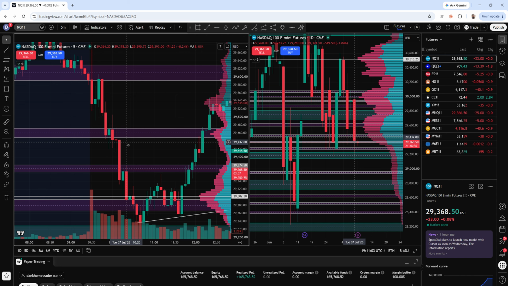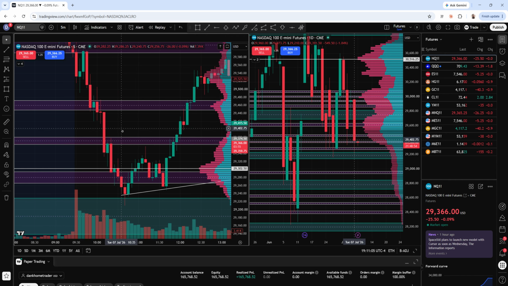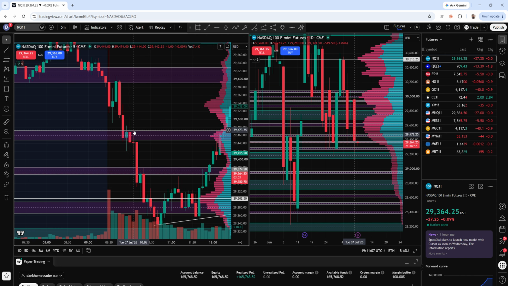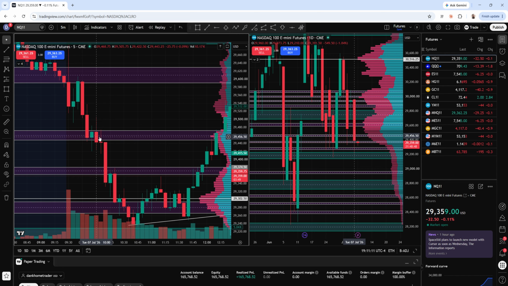I'd have to go back and look and see where it was, but I did get one entry or a couple entries, and I think I got stopped out on a couple at about break even. But yeah, this would be an entry, and a retest of this, a retested short through it, would probably not have been great.